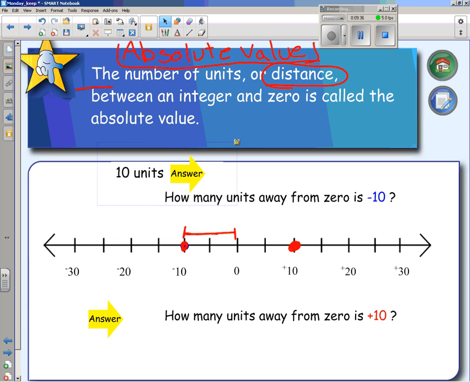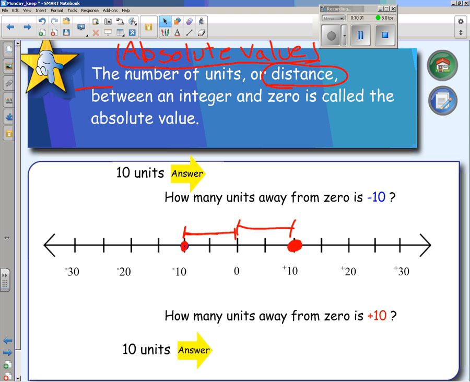Okay, it is 10 away from 0, 10 units. But if we look also at positive 10, this point right here, how far is that away from 0? It's the exact same distance. It is 10. Notice that the absolute value of negative 10 and the absolute value of positive 10 is both 10.